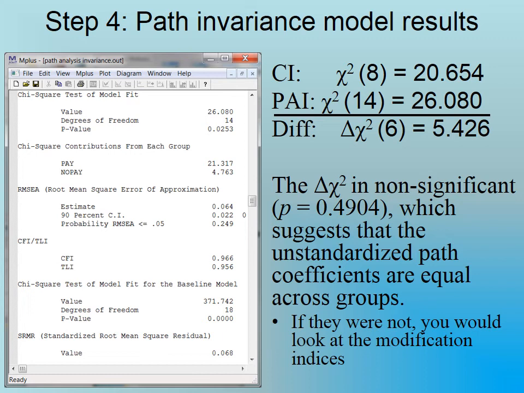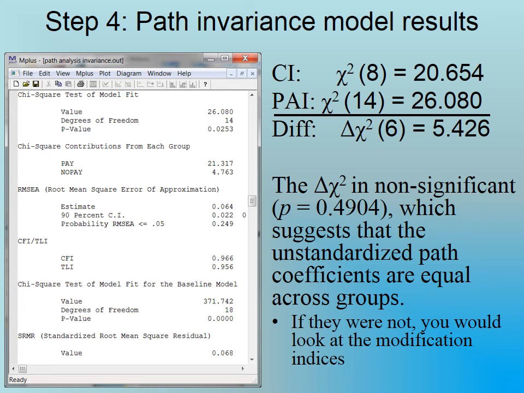In this case, we care about a couple things. Most importantly though, we want to know, is our change in chi-square significant, meaning that groups are non-invariant, or at least one path coefficient differs across the groups, or are they invariant? Invariant, again, meaning they are equal across the groups.